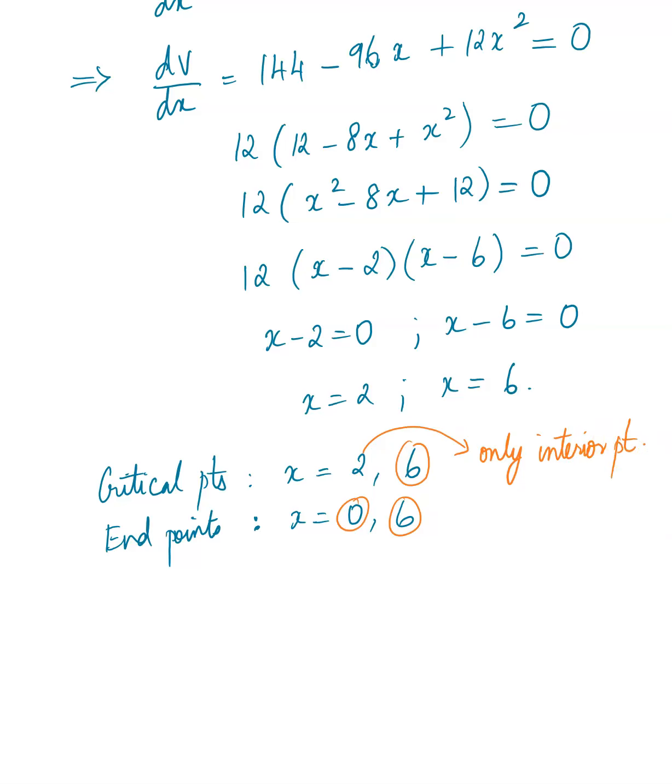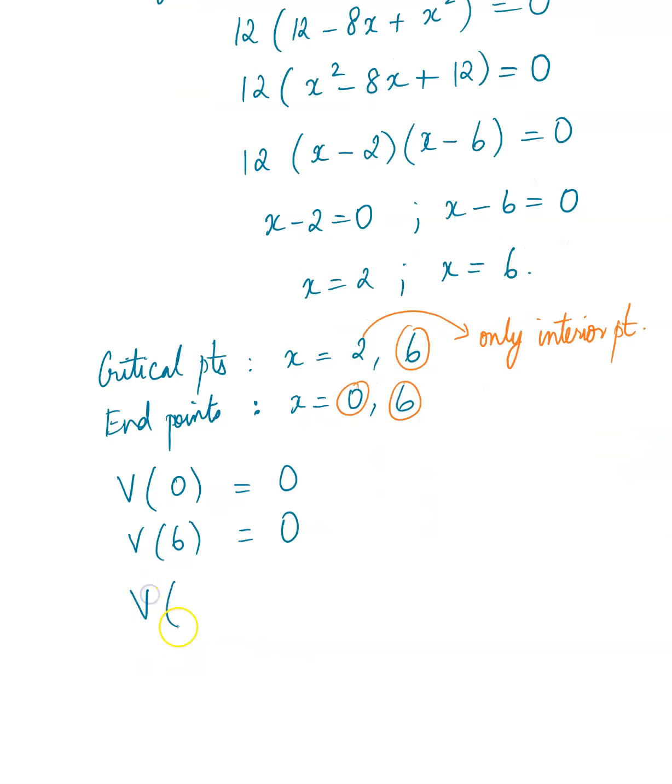Okay. So then we come back and say, if we were to evaluate at the endpoints, we already know that the volume will be 0. But if we evaluated the volume at this interior point 2, we can plug that in: 144 times 2 minus 48 times 2 squared plus 4 times 2 cubed.